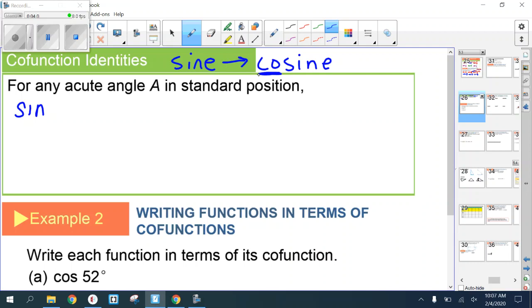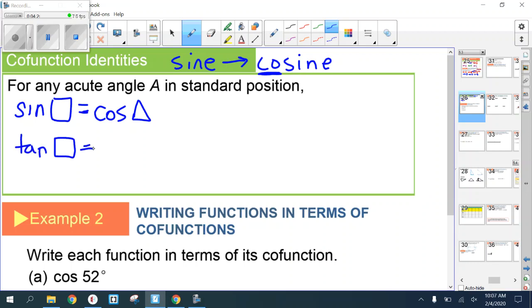Cofunctions. So the angles have this certain relationship. Sine of something, so I'm going to say sine square equals cosine triangle, all right? Now there's a relationship between whatever those angles are, whatever those numbers are, under the square and the triangle. But it's the same for each of the sets of cofunctions.